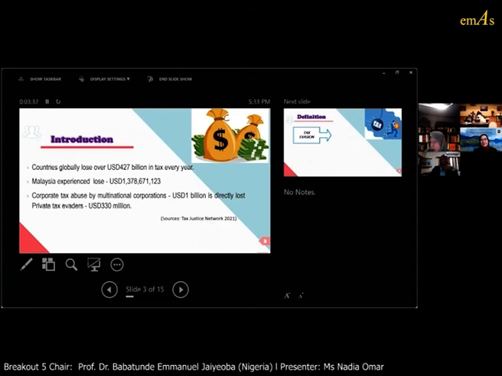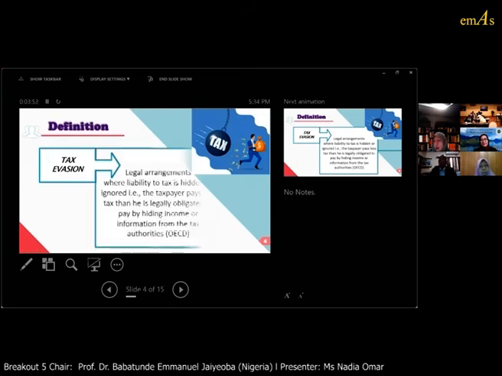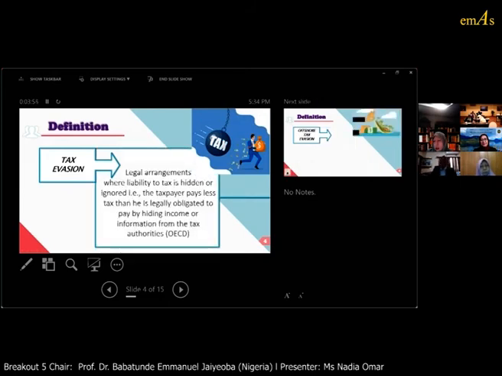So it shows that this is a very critical issue relating to tax, because it affects the revenue collection for Malaysia and also worldwide. Let's see the definition of tax evasion before we go further on this.